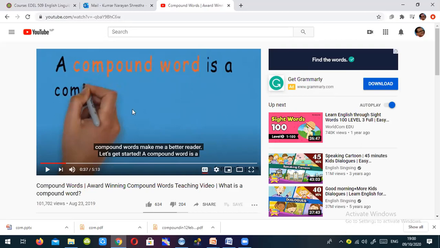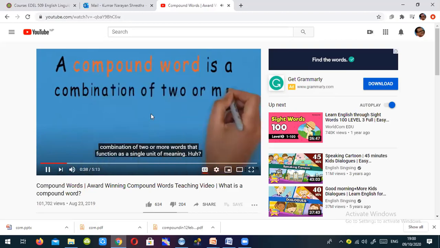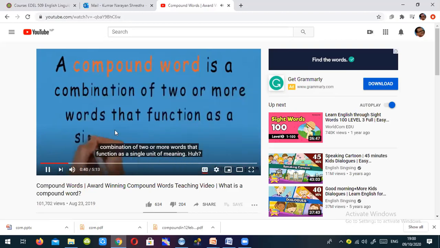See, a compound word is a combination of two or more words that function as a single unit of meaning, right? They will have a single meaning. Sometimes you can guess the meaning and sometimes you may not. There are two conditions.